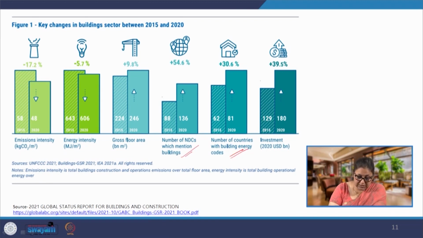So, if NDCs are increasing, automatically we would see a surge in the building energy codes. So, mandated energy codes, more nations are coming up with building energy codes, and then we also see that the investment is increasing, which means that the buildings and construction industry is here to grow even further. We are seeing a lot of investment going into buildings here.